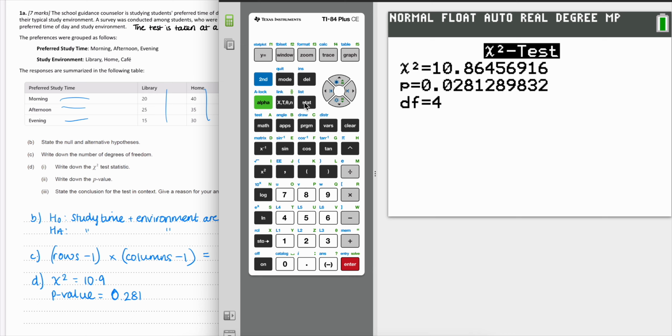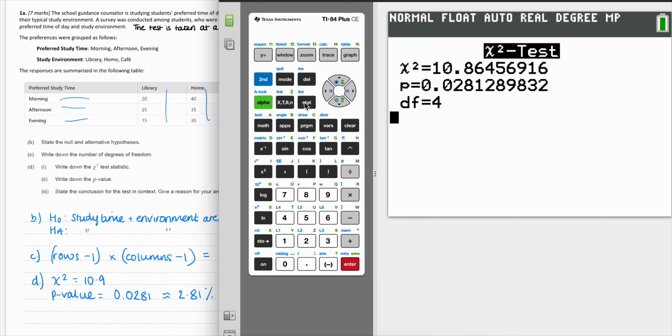And then we need to come up with a conclusion. So for this one, the p-value is equivalent to 28.1%. Now that is much bigger. Oh, hold on, I've written that wrong, sorry. The p-value there, I've missed a 0 off, is 0.0281 to 3 significant figures, which is roughly equivalent to 2.81%.